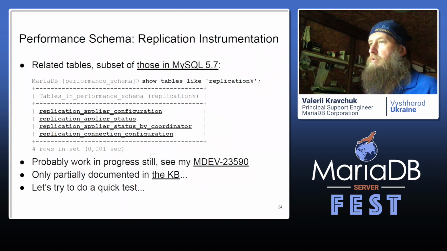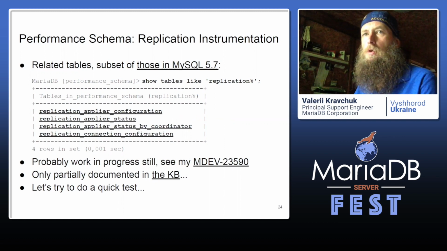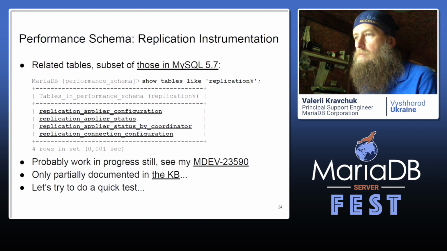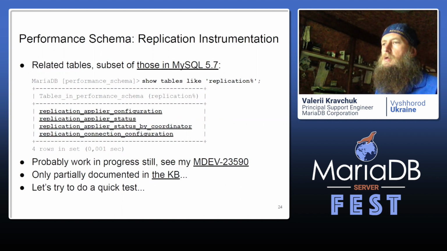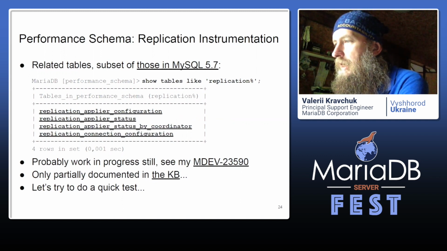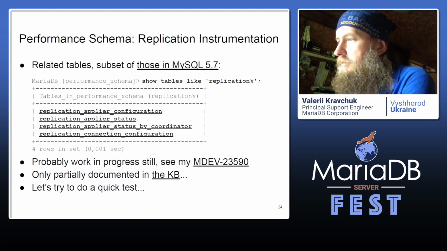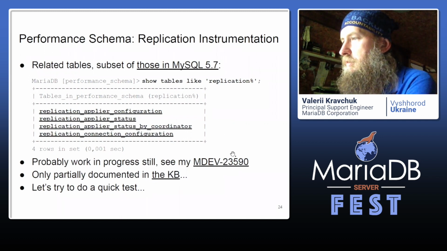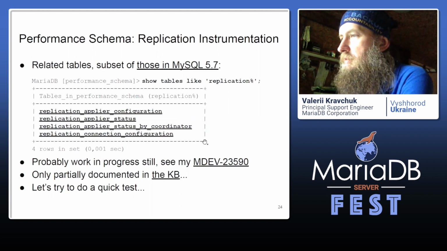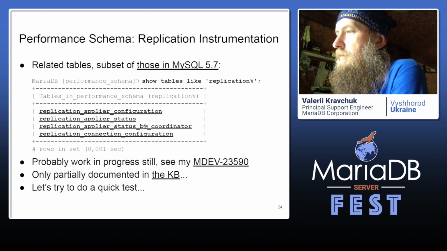It's quite simple. Now, speaking about the replication instrumentation. Replication was also additionally instrumented. Related tables are just 4 out of 8, as far as I remember, in MySQL. They are only partially documented in the knowledge base. There is still work in progress because one of the important tables is missing.